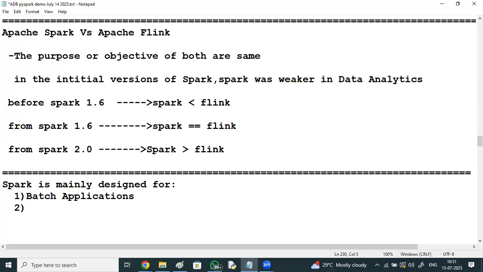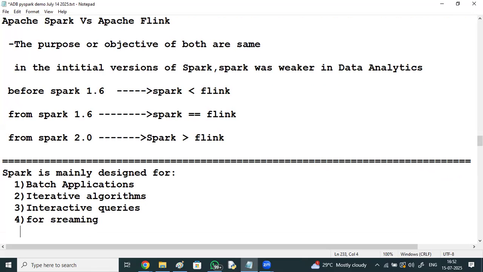Secondly, iterative algorithms. Spark is mainly designed for batch applications, iterative algorithms, interactive queries, for streaming, and for graph algorithms.